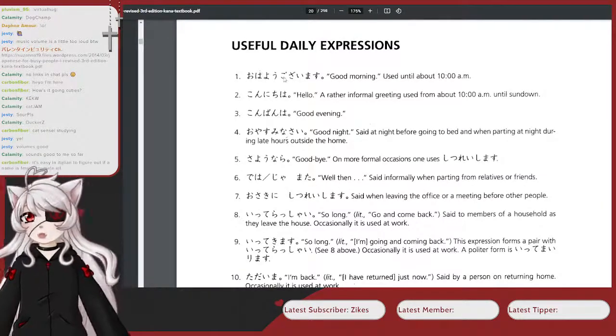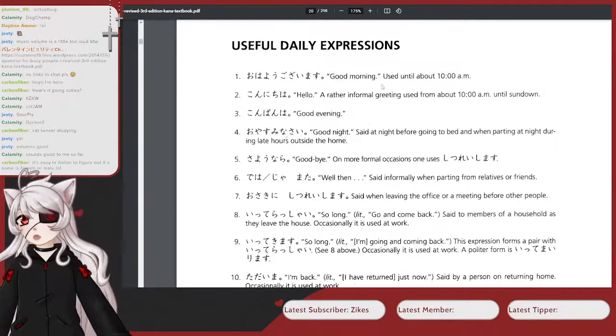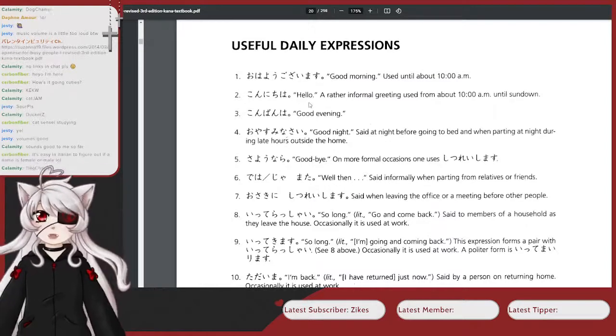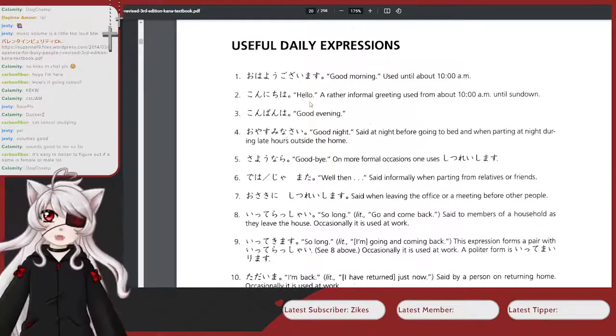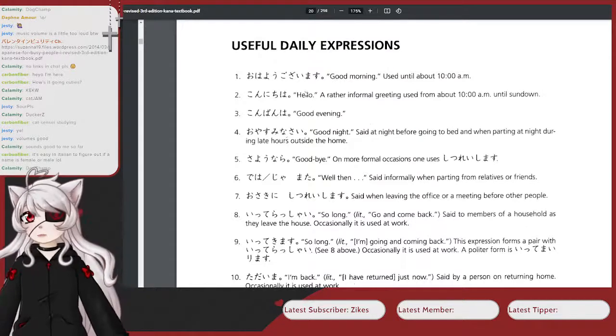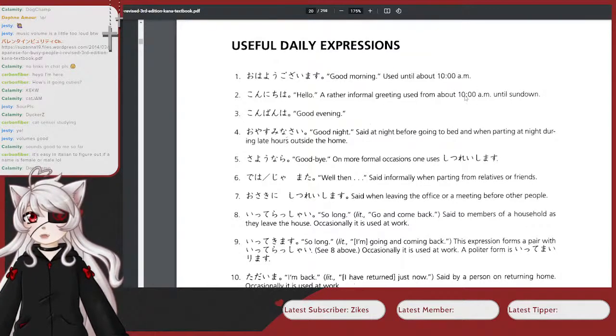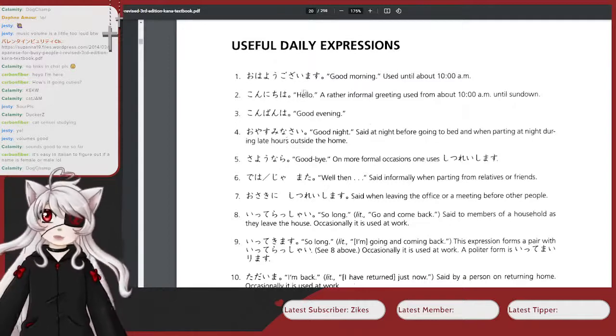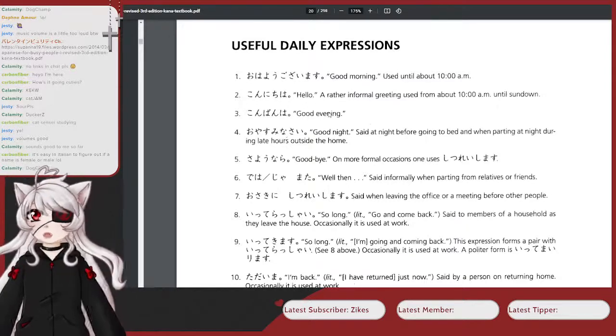So, ohayo gozaimasu for good morning, used until about 10 AM. Konnichiwa, which is hello, or also can be known as like good afternoon, because it's used until about sundown. So konnichiwa is used in kind of the afternoon, and then konbanwa is good evening.